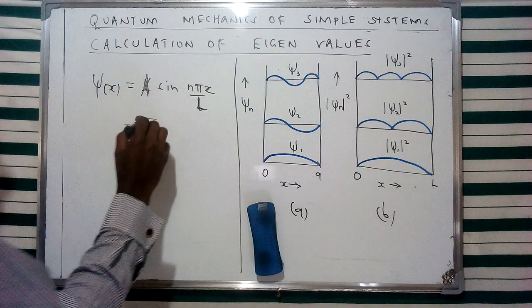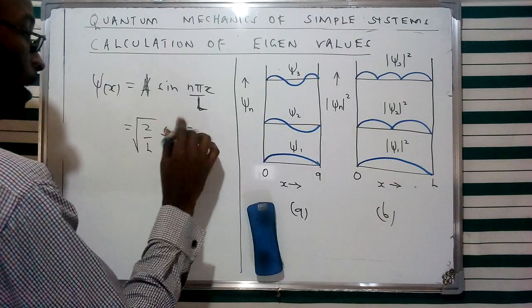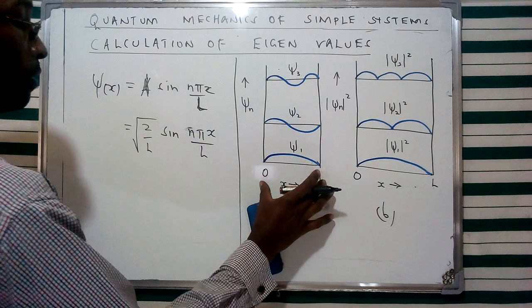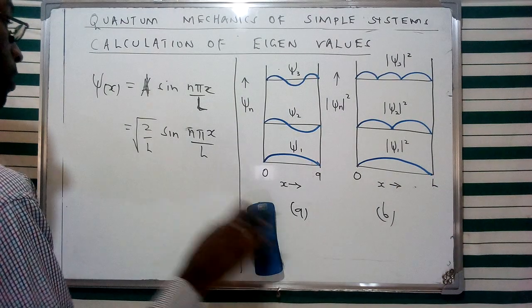And of course, I said that this is equivalent to the square root of 2 over L times the sine of n pi x over L, where L is the distance between these two specific regions, considering a one-dimension box given as such.